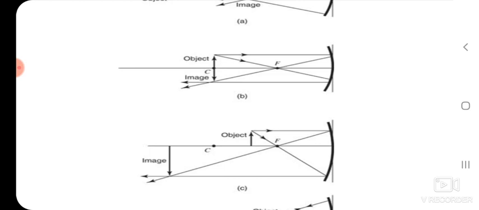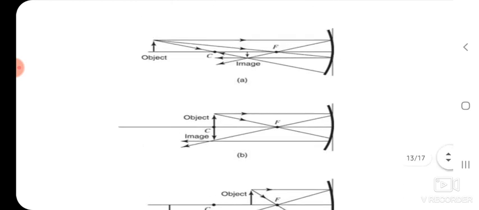Sometimes one or another of the rays may be difficult to draw, and so choices may be increased. How? That we have to understand. Let us discuss one by one.